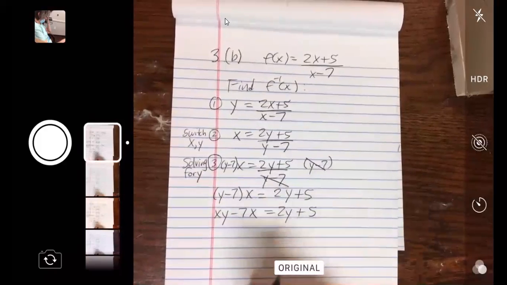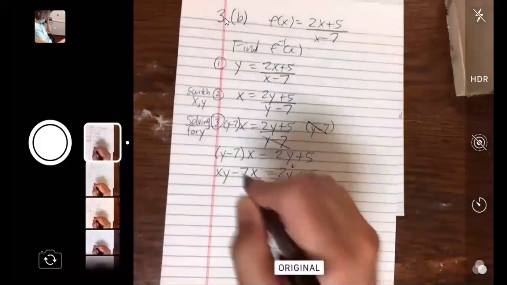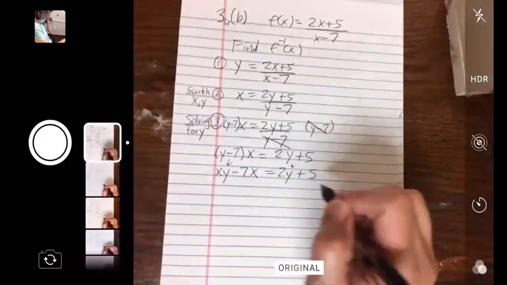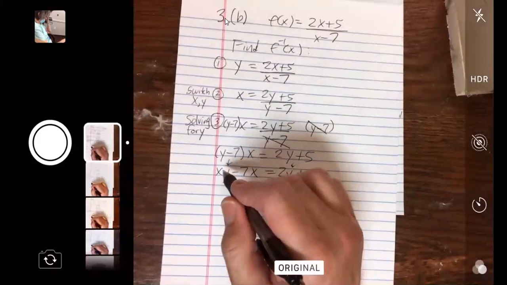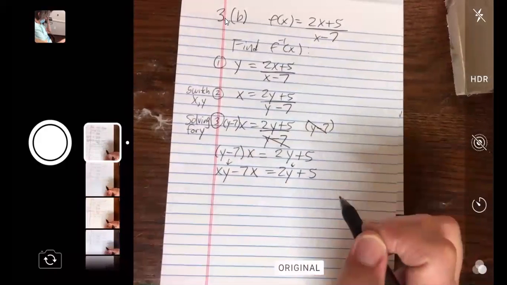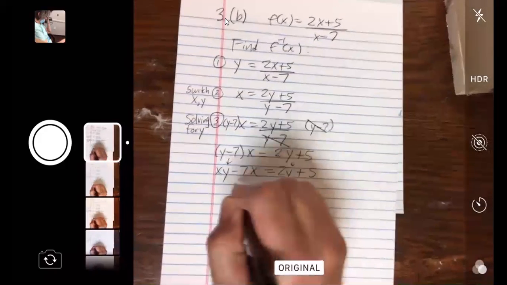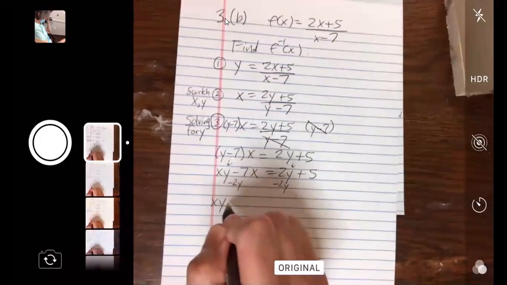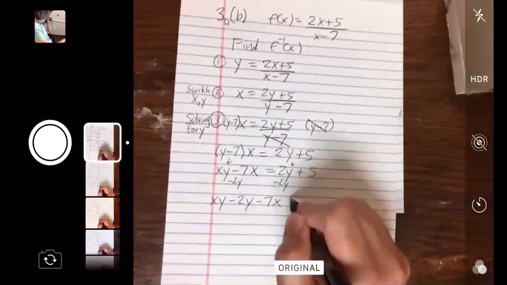So what you want to do, it's just like having numbers. Your unknown is y. You want to get your unknown all on the same side, and stuff that doesn't have a y on the other side. So you're going minus 2y, minus 2y. That would be xy minus 2y minus 7x is equal to 5. I'll slow it down and do it one step at a time.